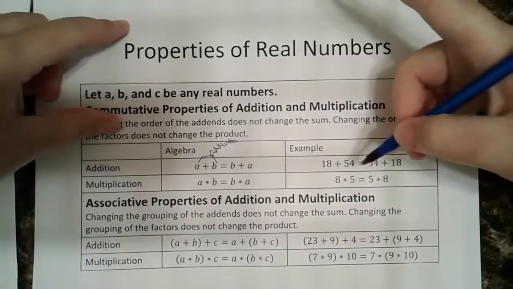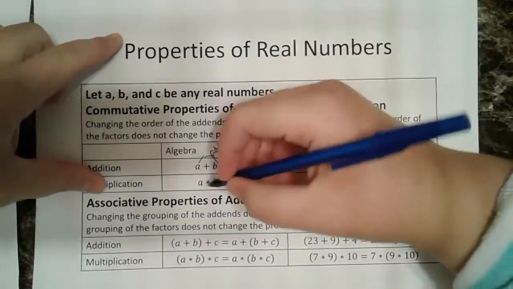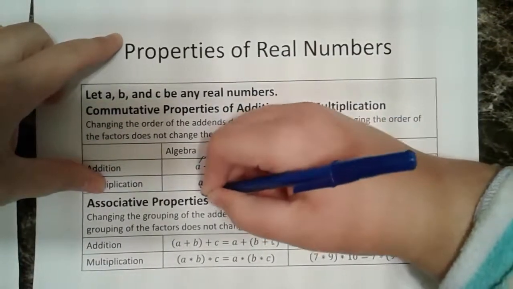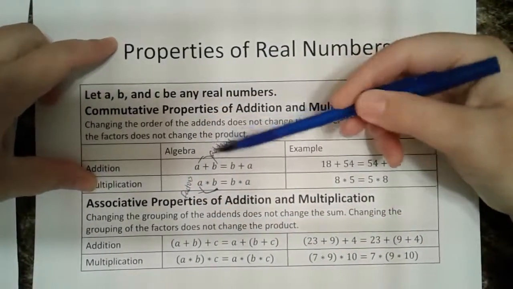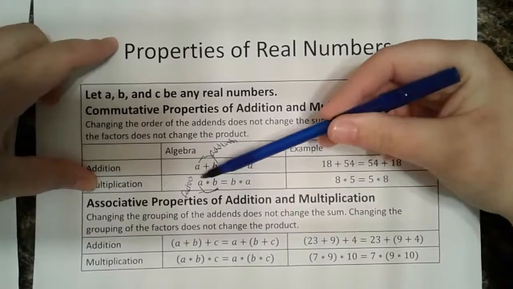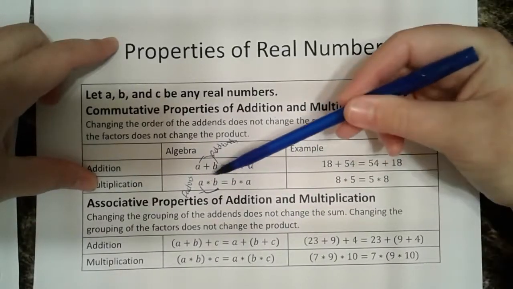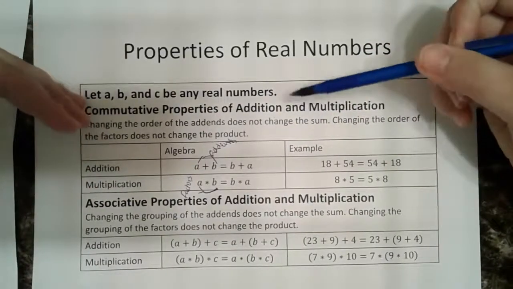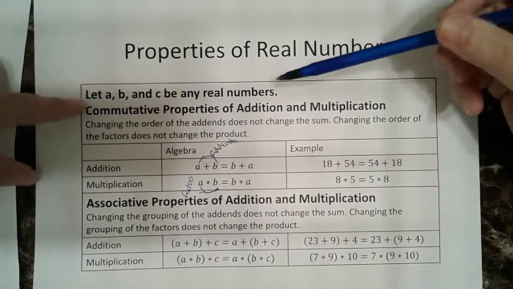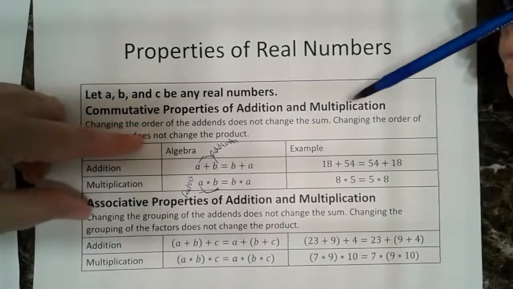Now remember, factors are being multiplied, so A and B are factors. So these factors, it doesn't matter if I have A times B or B times A. I'm still going to come up with the exact same thing. Again, that goes back to the commutative property of addition and multiplication.